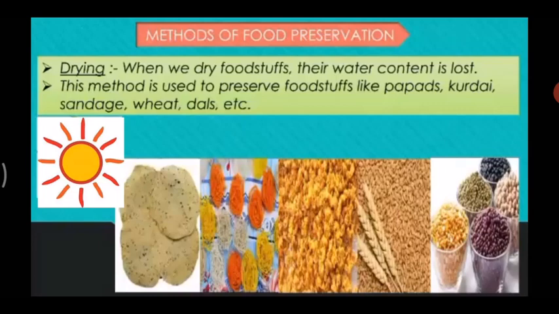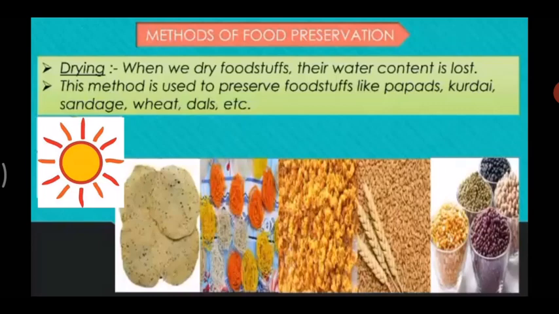So when we dry the foodstuff, the water content in it is lost, and that helps the food to be preserved for a longer period of time. So this method is used to preserve foodstuffs like papads, kurdhai, sandwich, wheat, dals, pulses, and so on. So the drying method is used. Why? To dry the foodstuff, to remove the water content in it.